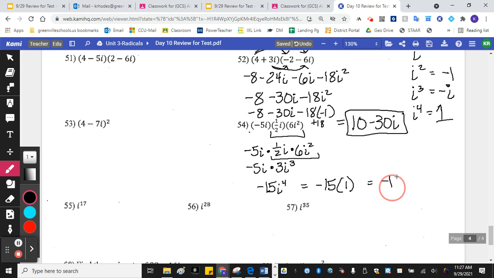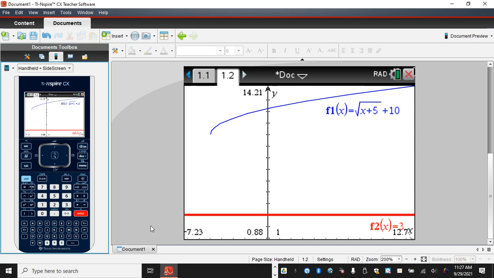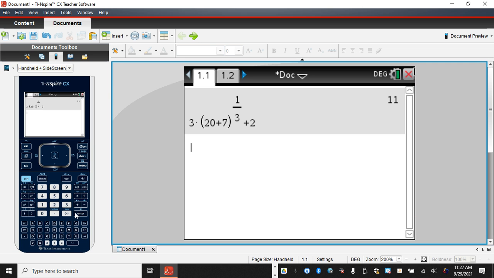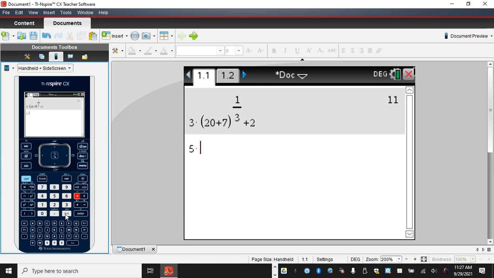You don't even have to do one first. What's negative 5 times a half times 6? Negative 15.